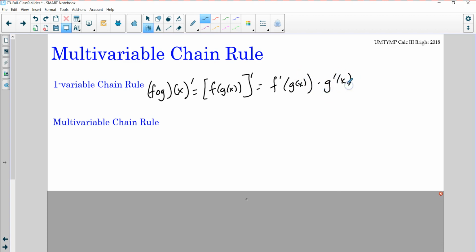That's what we did way back when, and we can certainly do it at a point too. Okay, so now this is going to be largely the same idea, it's just notation is going to be different.